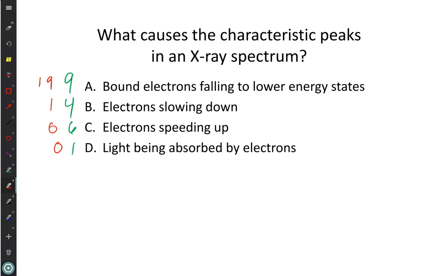Oh, okay. So I said A because when the electrons fall to lower energy states, they release energy, which causes a peak in intensity. Okay. Now, why are they falling to lower energy states? I don't know. Okay, so we want to add to that. Why are the electrons falling to lower energy states?